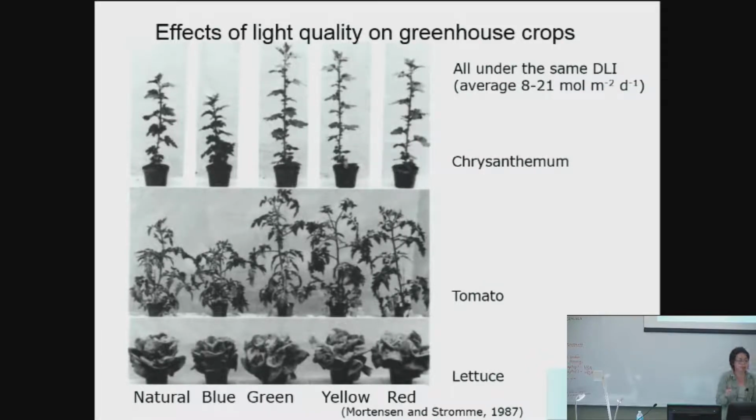So it's not necessarily the case that blue light was very inefficient in terms of photosynthesis. It's more like photomorphological. The shape is different, therefore the total leaf area is different, therefore total growth was affected.